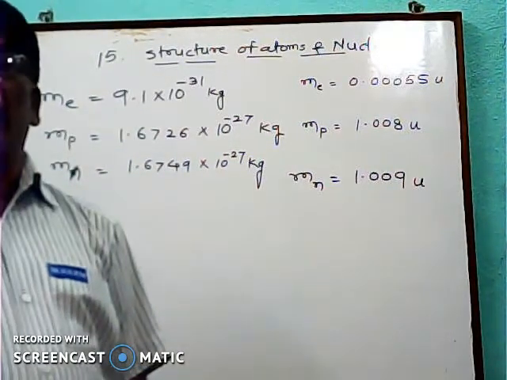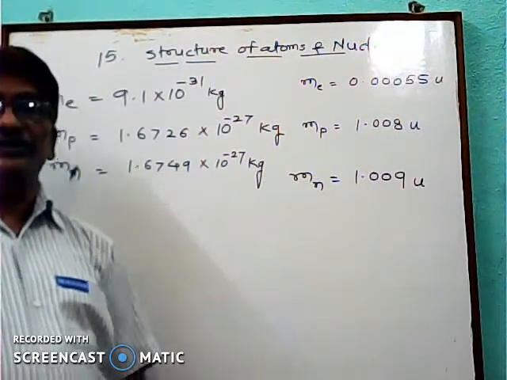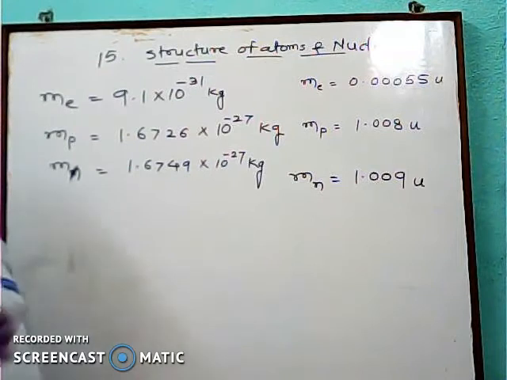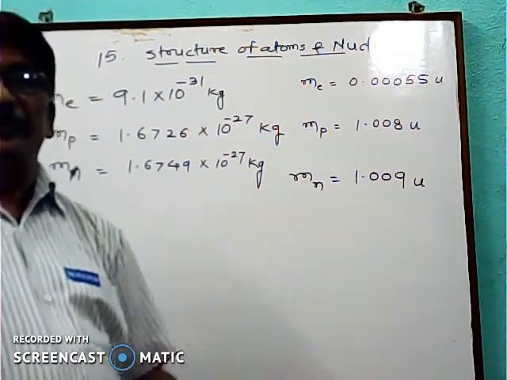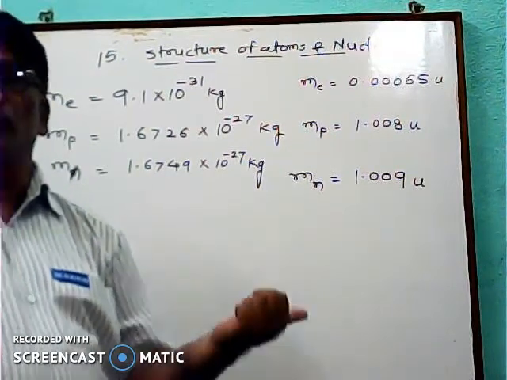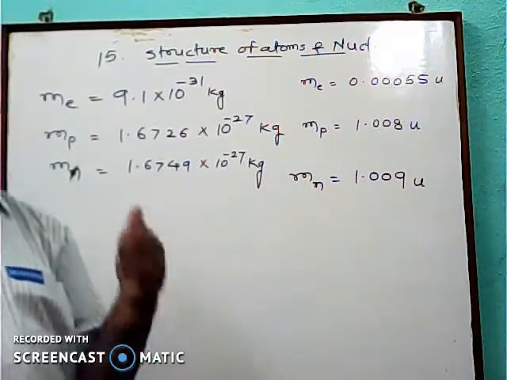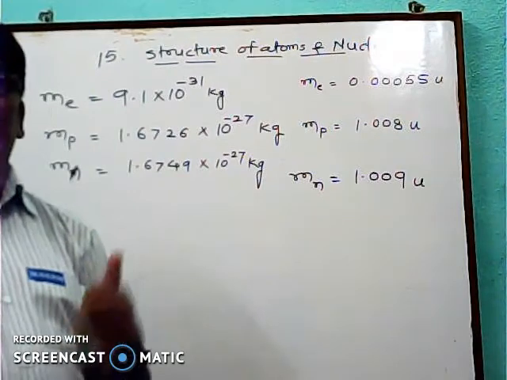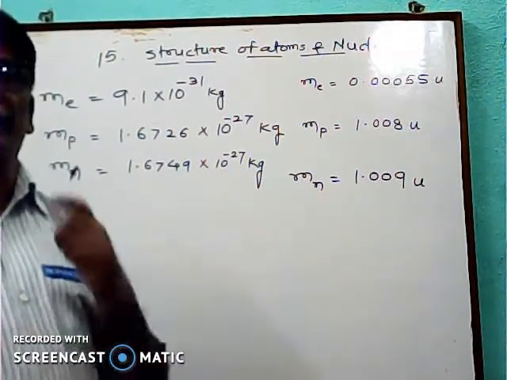Using Einstein's mass energy relation, in this relation we can use the energy, and energy is measured in joule. It is also measured in electron volt. So E equal to mc square, where c is the velocity of light in air.